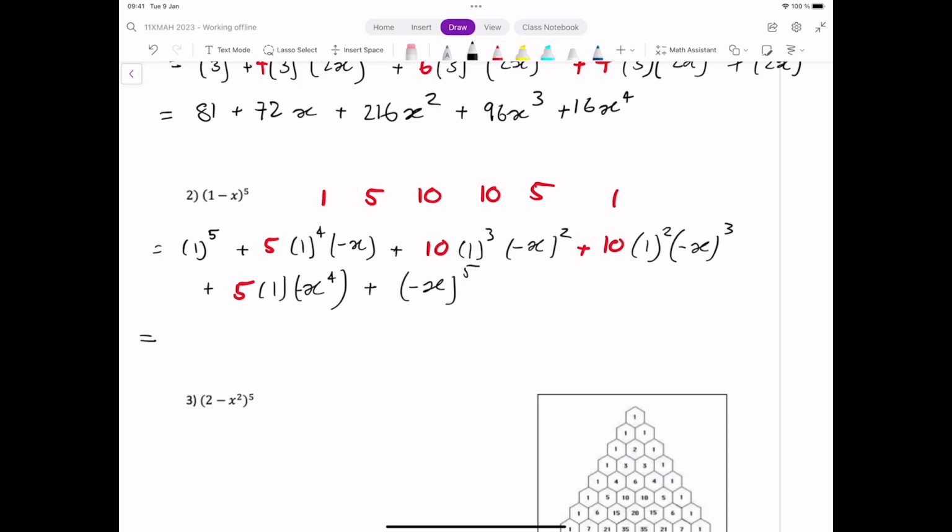Now 1 to the power of 5 obviously is 1 plus, it's going to be a minus actually, so 1 minus 5x.